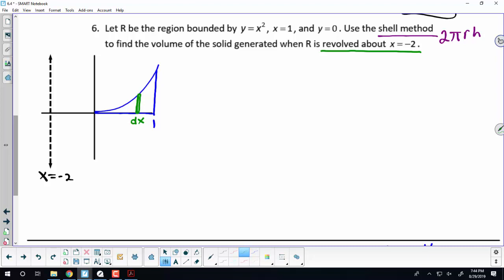Does the way we measure the height change? The height of each shell is still measured by the top minus the bottom, which is x squared minus 0, or just x squared.